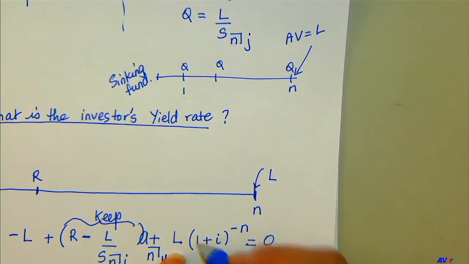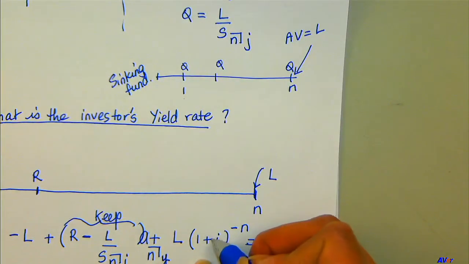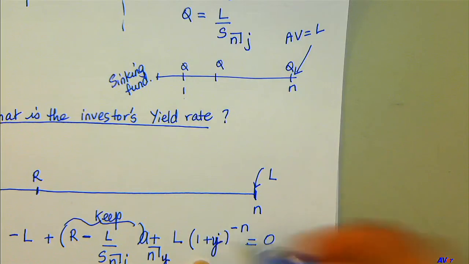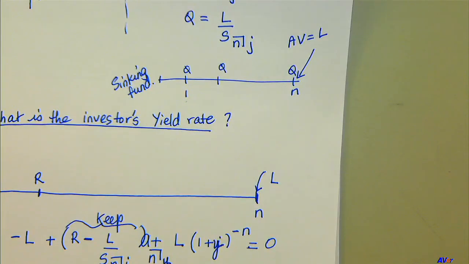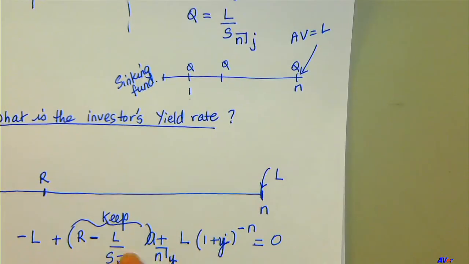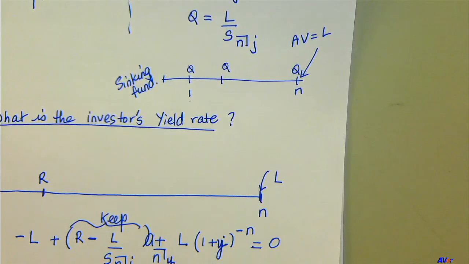So L times (1 plus Y), where Y is the yield rate, to the minus N power, equals 0. That's the equation for the bank's yield. Are you following me or no? Do you have any concerns about this? So this is an annuity because this payment will keep coming in. So they get to keep R minus the amount needed for the sinking fund.